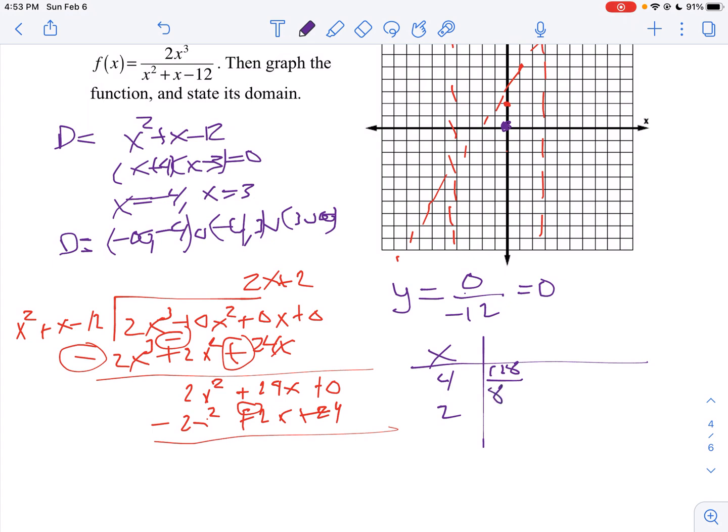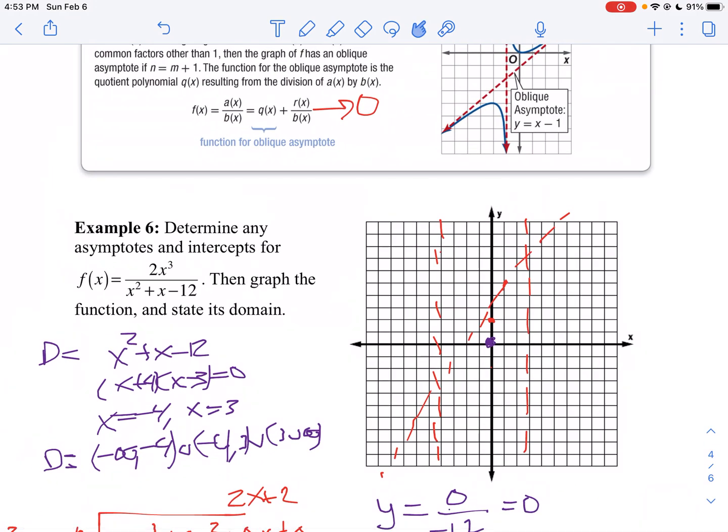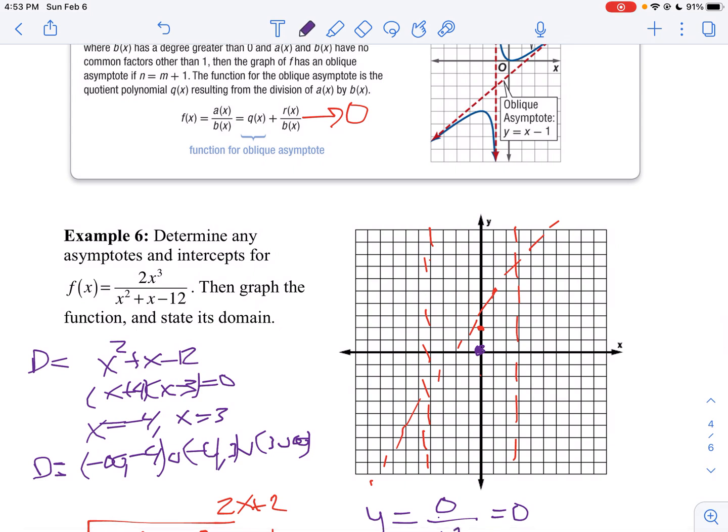So I get a nice big number, don't I? So 4 is going to be kind of high. So what's happened here is my graph is going to look like that at that point. And then let's go to the left of 3.